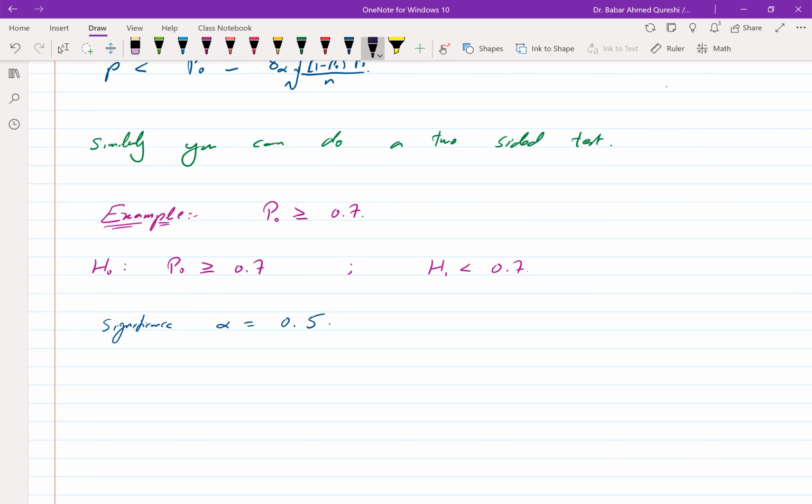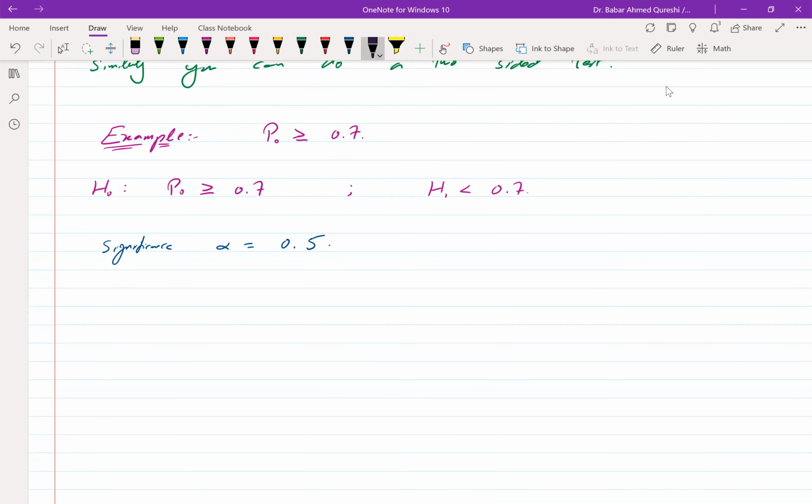Now you want to compute the critical value. Since your alternate is that it's less than this, your critical value would be P naught minus Z 0.5 times the square root term, the claimed values.